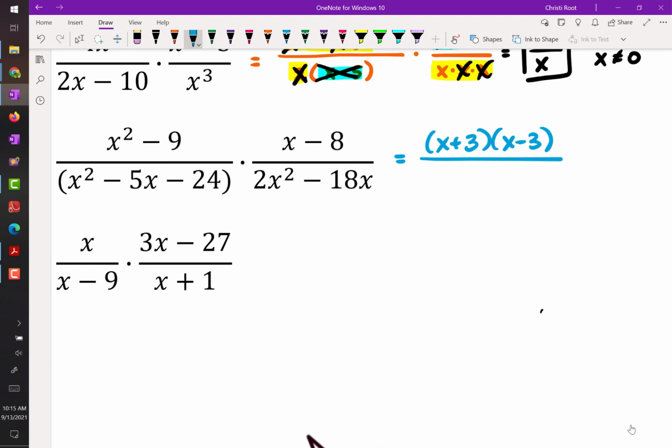So factors of negative 24 that add up to be negative 5. What do you guys think? 3 and 8. Looks like plus 3 and minus 8.